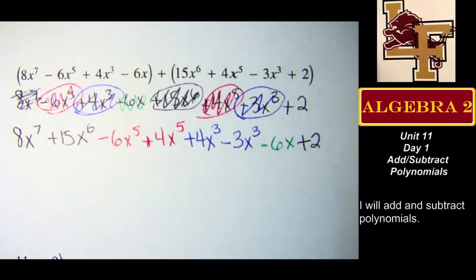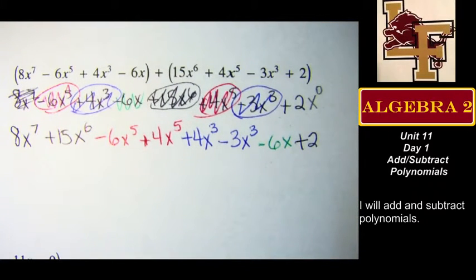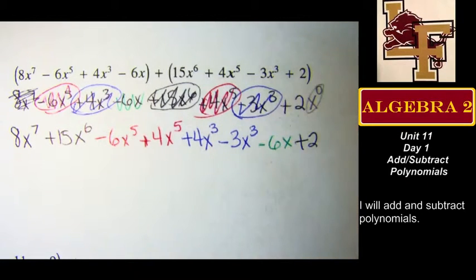I could, if I really wanted to, put a variable on there, and it would look something like this, confirming that I have an exponent of 0. When we raise something to the 0 power, what does it turn into? 1. So this says 2 times 1, which is 2.